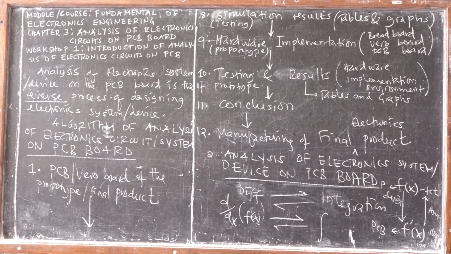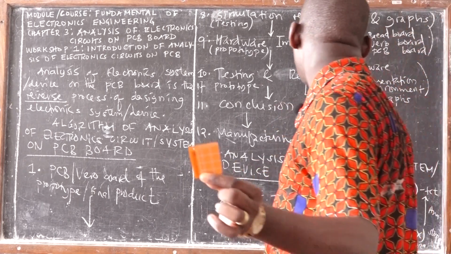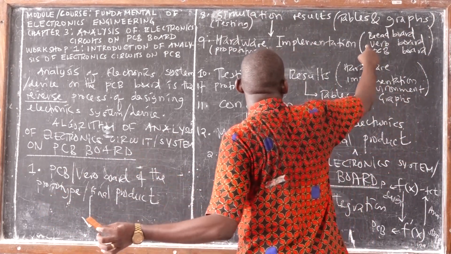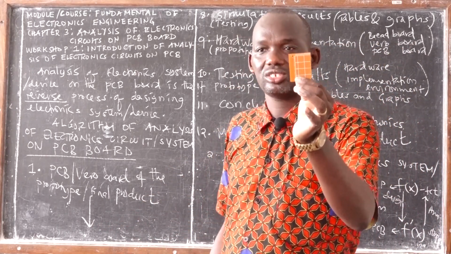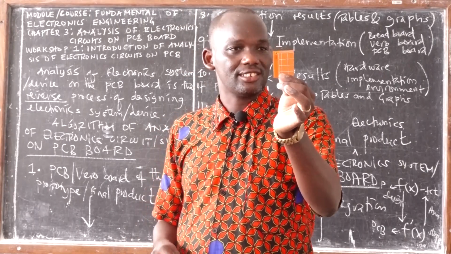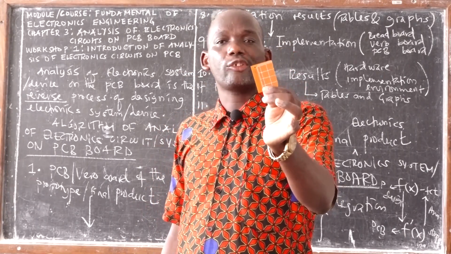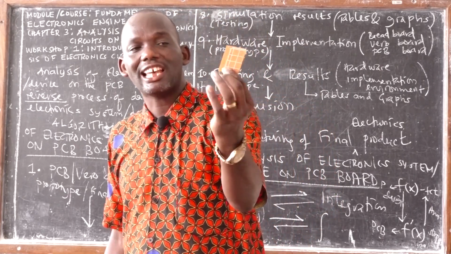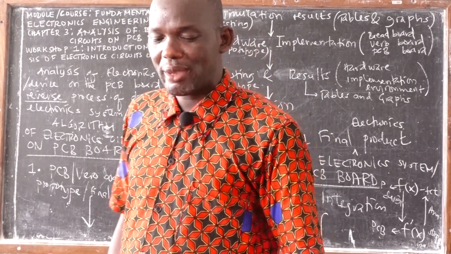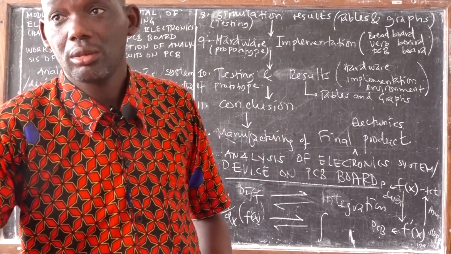When you say Vero board, this is the Vero board, because I've mentioned here breadboards, Vero board and PCB board. These Vero boards have holes in particular patterns. In order to mount electronic components, you have to solder them. So you may have a circuit on this Vero board, or you may have a circuit on the PCB board.